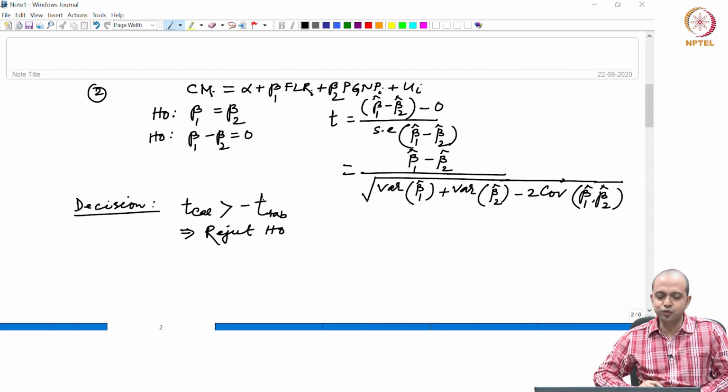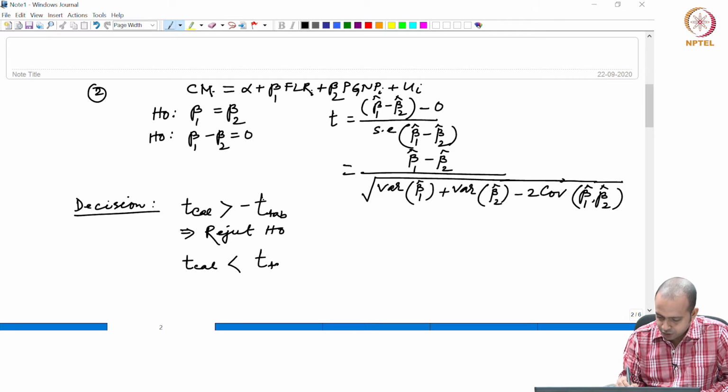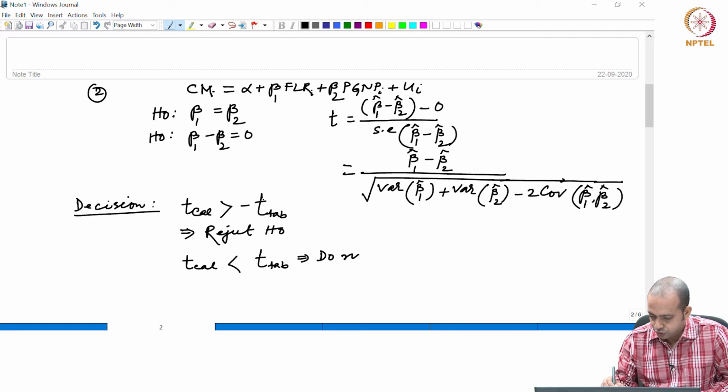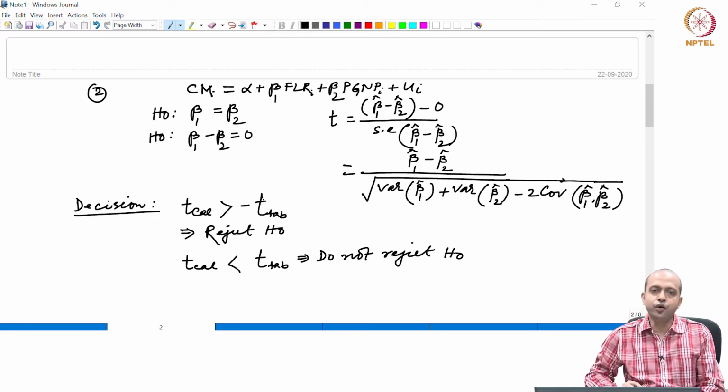Then depending on the value of T tabulated, you can easily decide whether to reject your null hypothesis or not, right. And if T calculated is less than T tabulated, then what would be your decision? Do not reject your null, do not reject your H naught. So, this is the simple decision rule of your hypothesis testing.